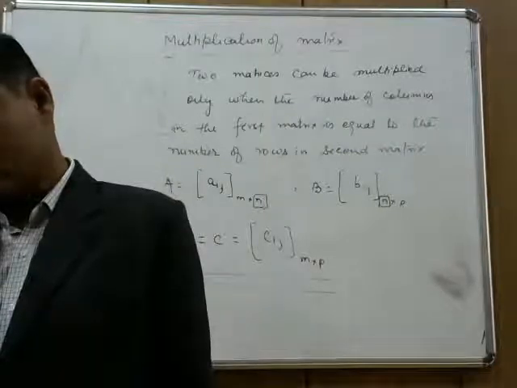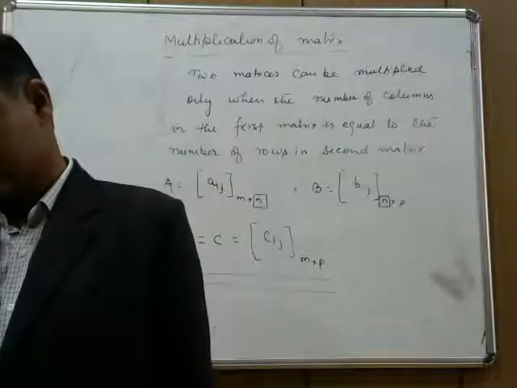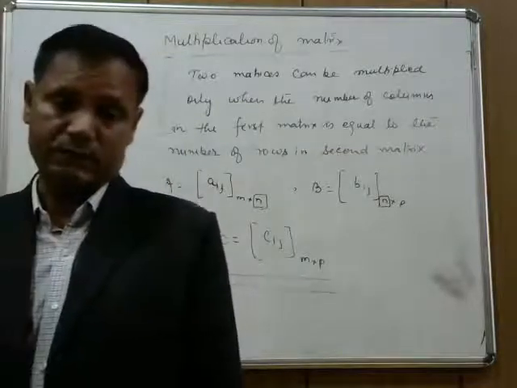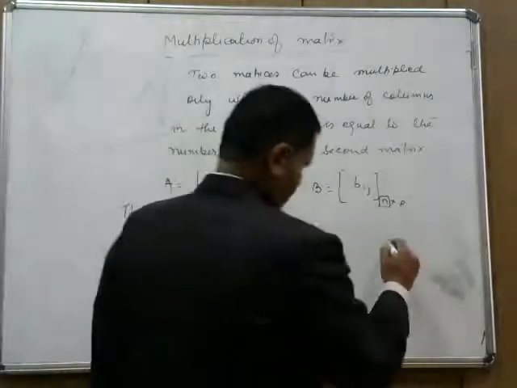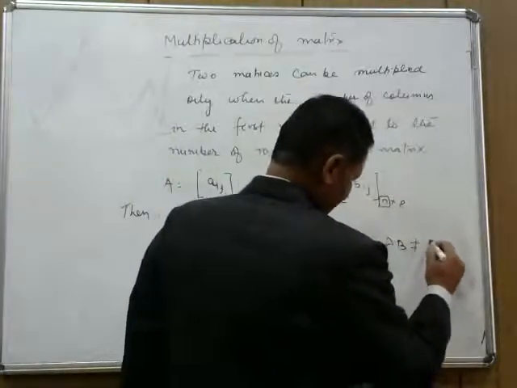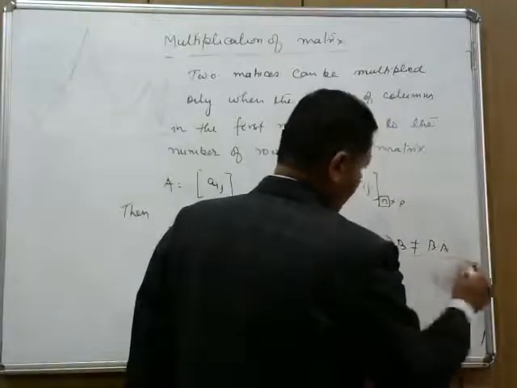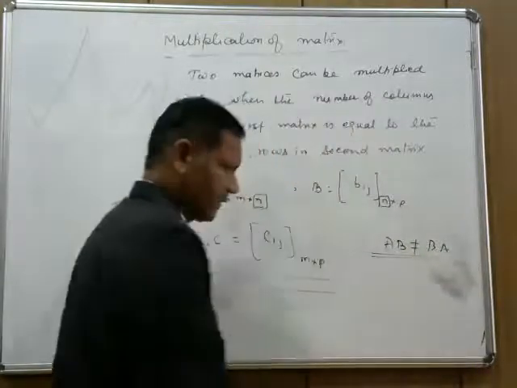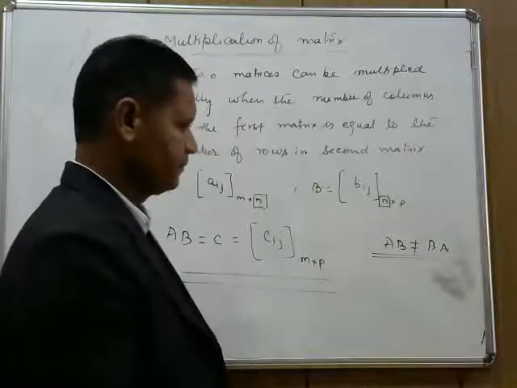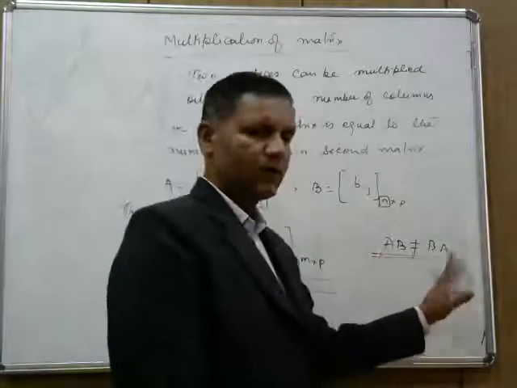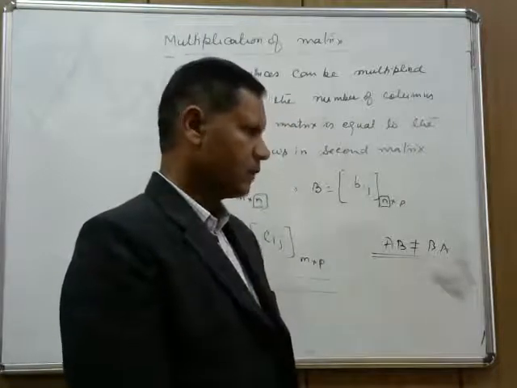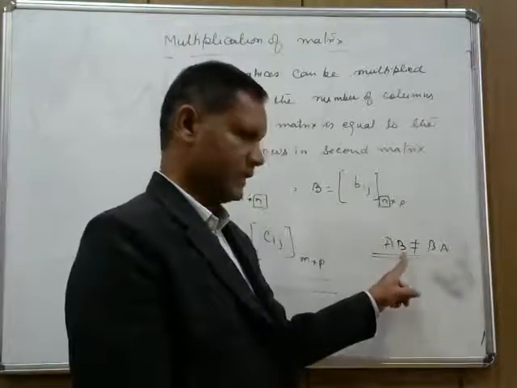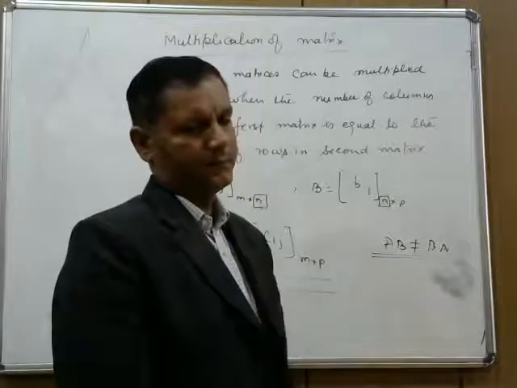If AB is not equal to BA, then matrices A and B are called anti-commutative matrices. Not all the time; sometimes it can be equal, or it cannot be also. That's why AB is not equal to BA all the time. Right? That means the product of matrices is not commutative.